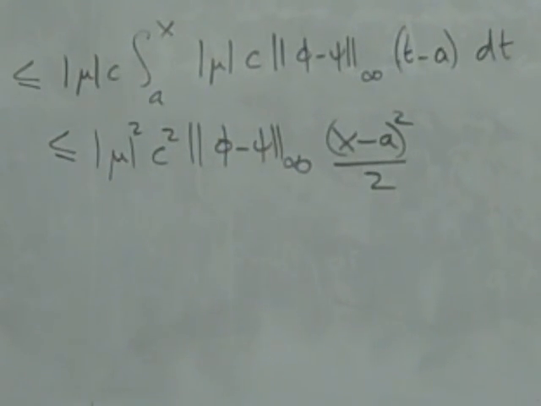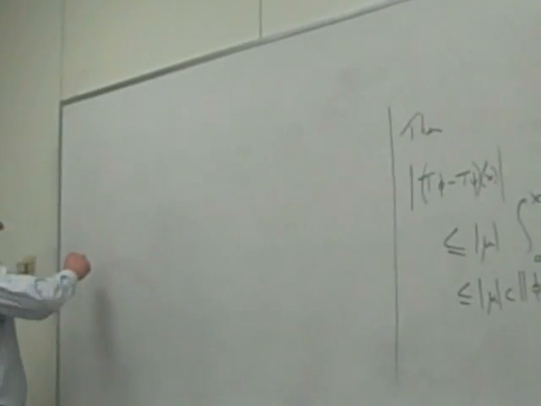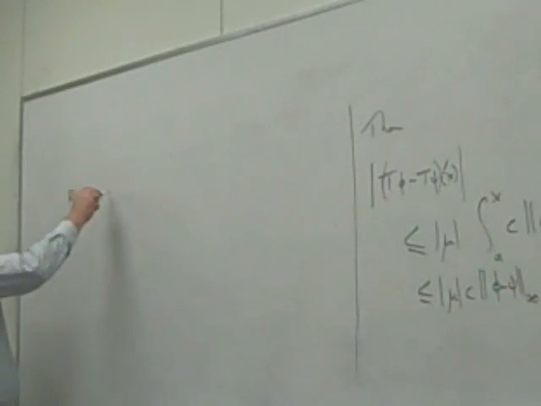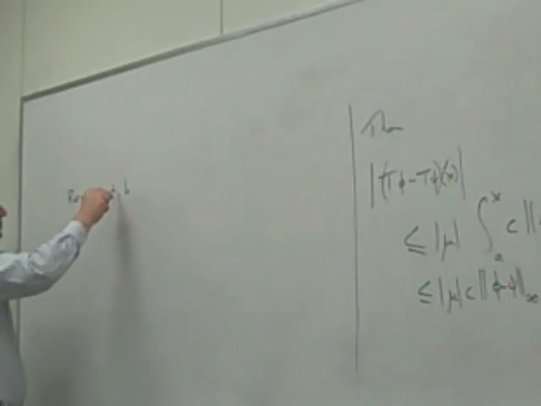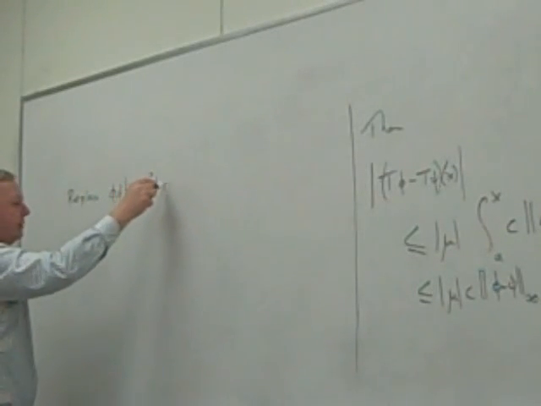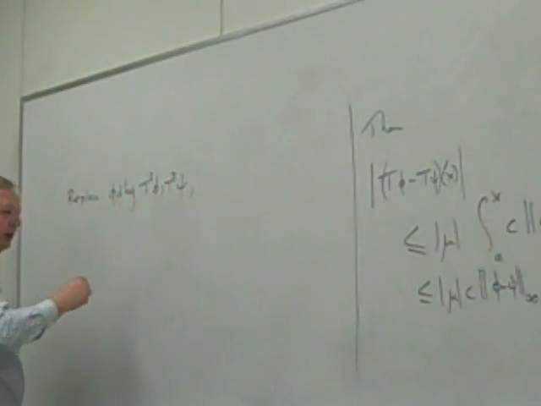Once more, and you'll see a pattern emerging. So again, let us replace phi and psi by T squared phi, T squared psi.